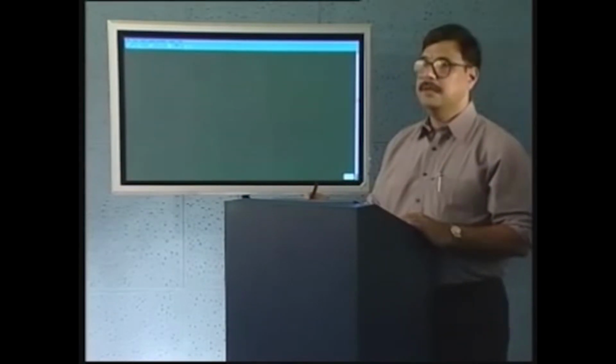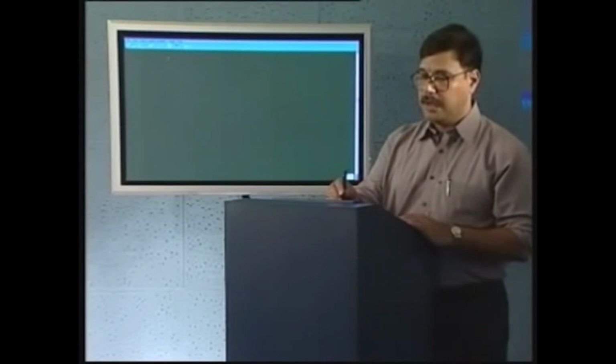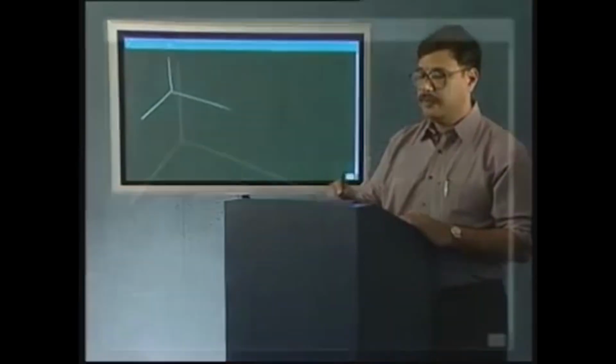Let me now ask a question, since I talked about a particle moving along a curve from one point to some other point. Is the work independent of the path, or does it depend on which path I am taking?